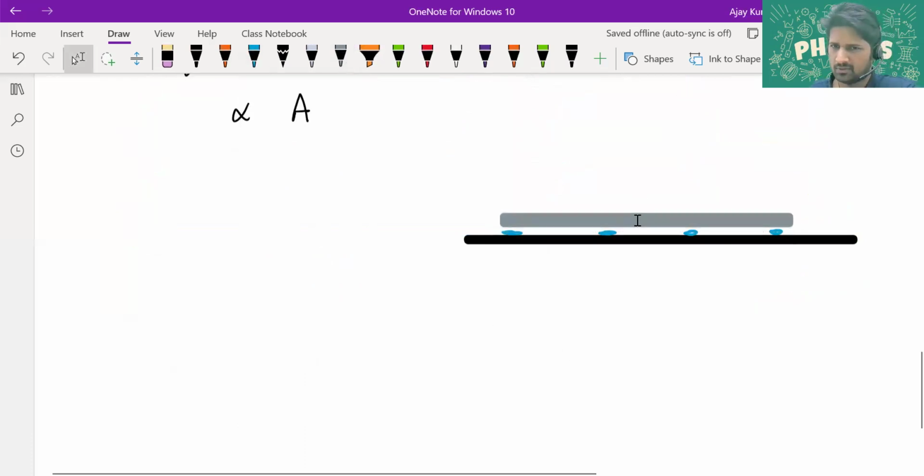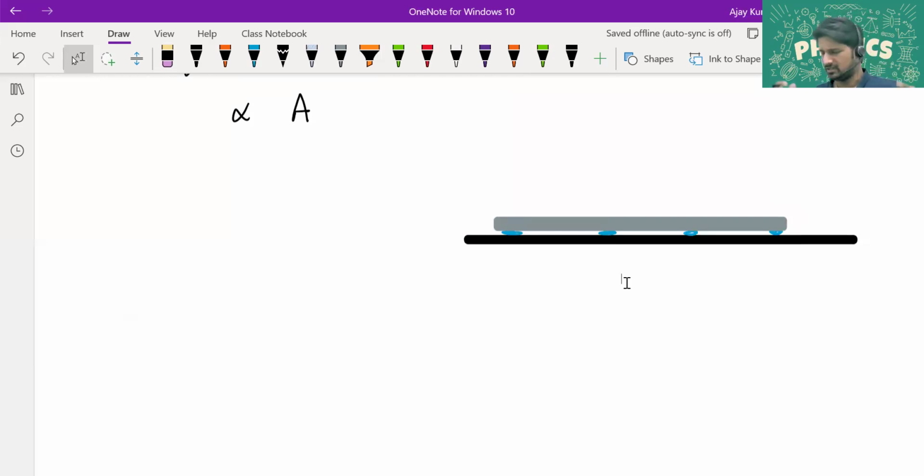It could be paper, plastic sheet, anything. And you try to drag the sheet, it won't slide easily. If you try to pull this sheet sideways, parallel to the table, there will be a significant resistance. It feels as if the sheet is stuck to the table and you will have to apply a significant amount of force to slide it.